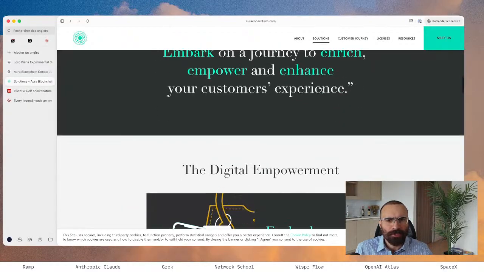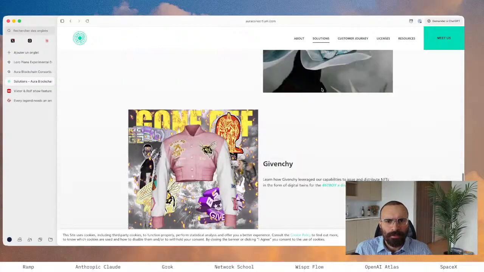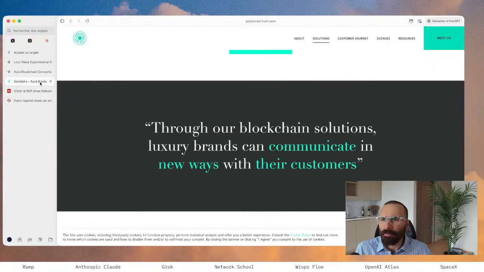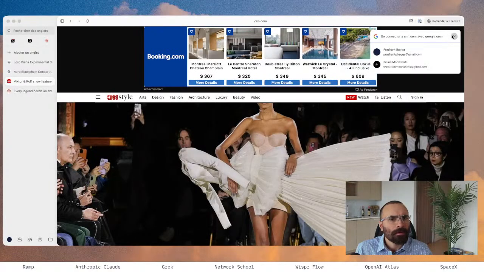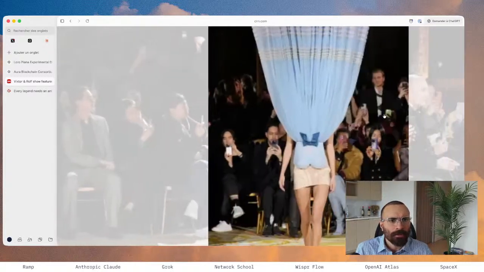Digital product passport, digital collectibles. Oh, crazy. Givenchy, Prada. Yeah, very weird. Okay, this is the one we looked at. Oh, how are you seeing?